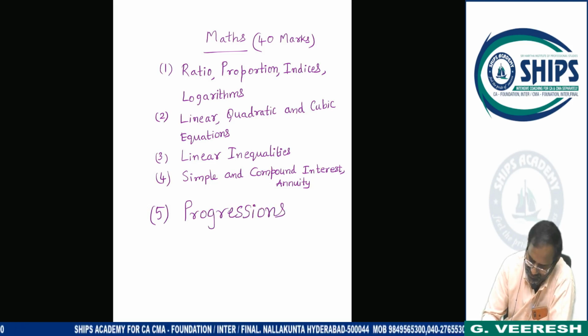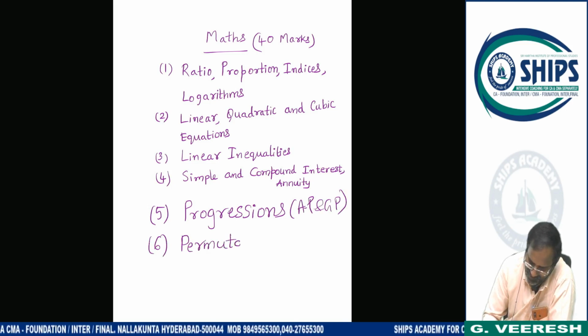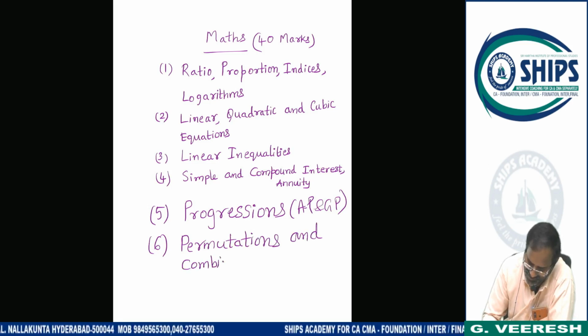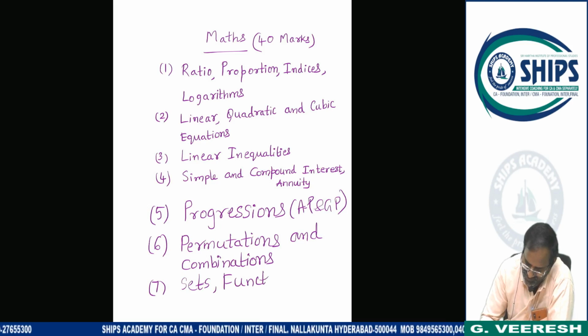Progressions. In that we have AP and GP. Permutations and combinations. Seventh one, sets, functions and relations.